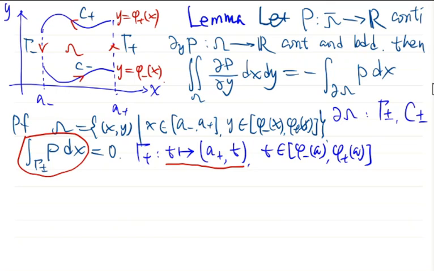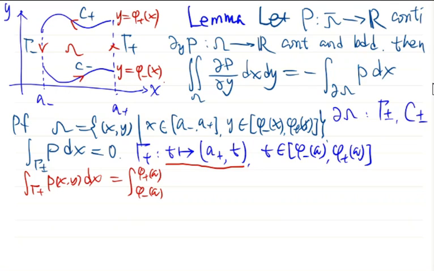This is a special form of the flow integral we introduced when we studied the line integral. By the computation of this integral, we know that the integral over gamma plus of P(x,y) dx equals the integral from phi minus of a to phi plus of a of P, substituting the parametrization into this integral. The parametrization is x equal to a plus, y equal to t.